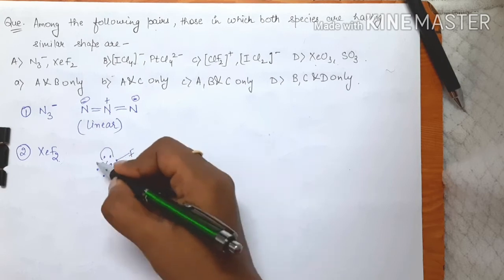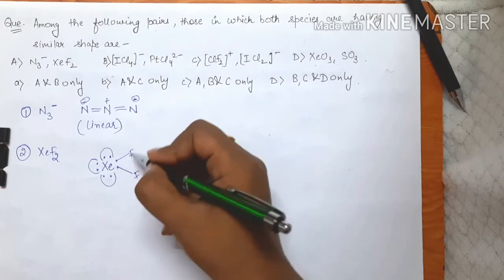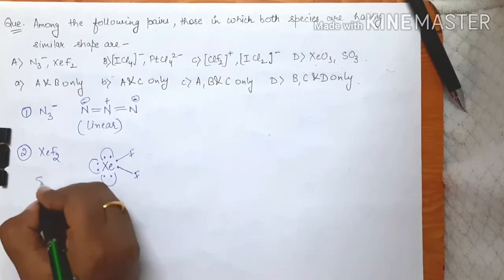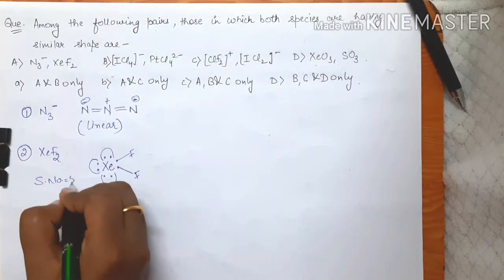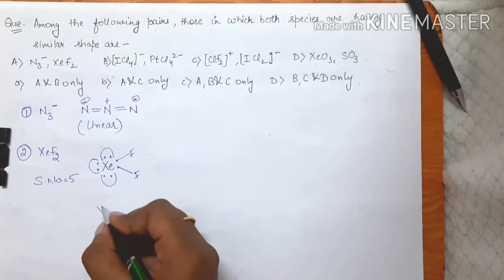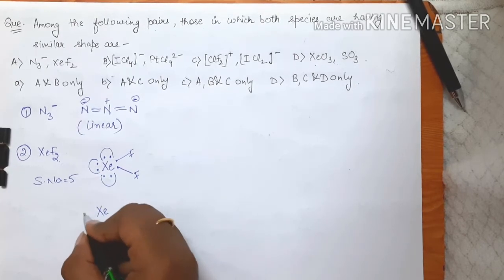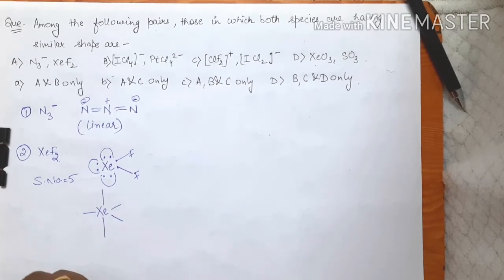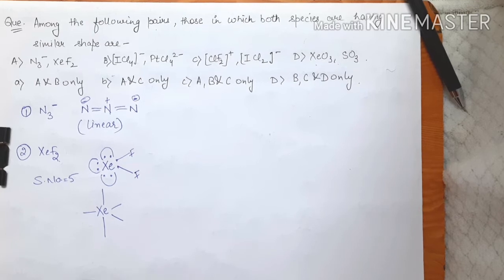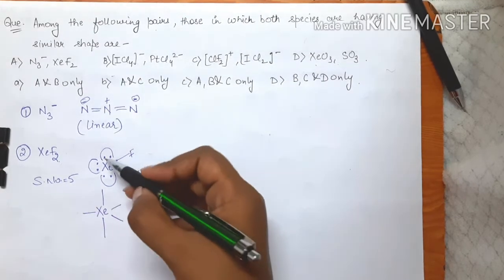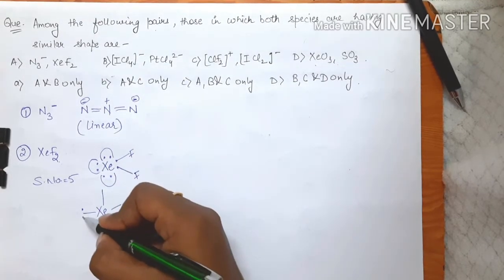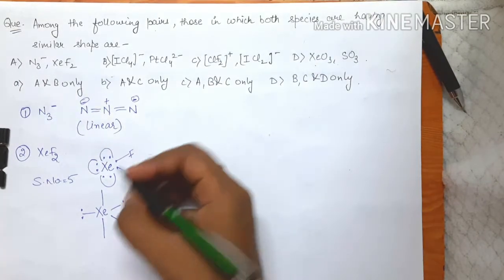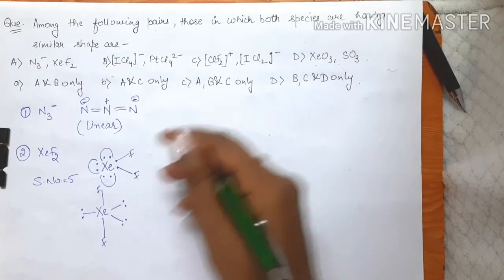Now xenon will be having 3 lone pairs and 2 bond pairs, so steric number will be 5, right? For steric number 5, the geometry will be like this: 3 bonds in the plane, 1 above and 1 below. Now using Bent's rule, we know that these 3 lone pairs are going to be in the plane like this, and these 2 fluorines will be above and below this plane.